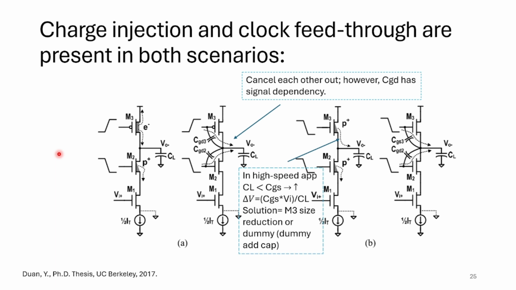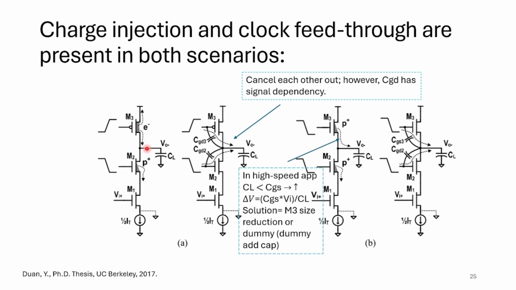Back to the concept of charge injection and clock feedthrough, comparing a circuit with a PMOS load and one with an NMOS load. Here you can see when you come from zero, where this one is in triode, to off, because it's in triode, the charge will be distributed.